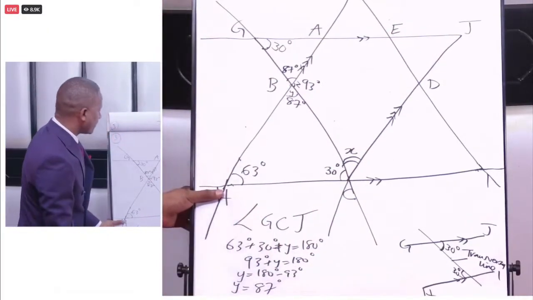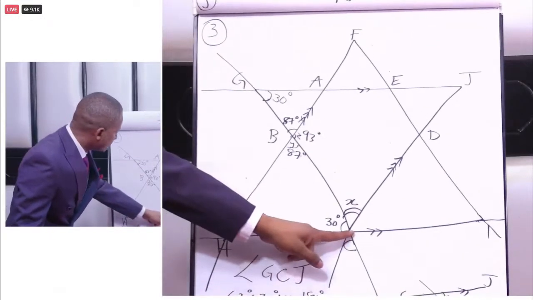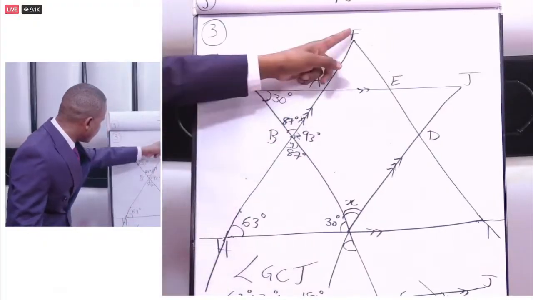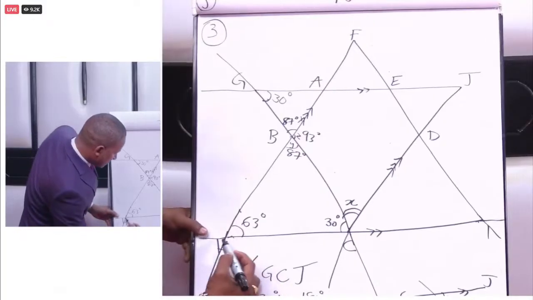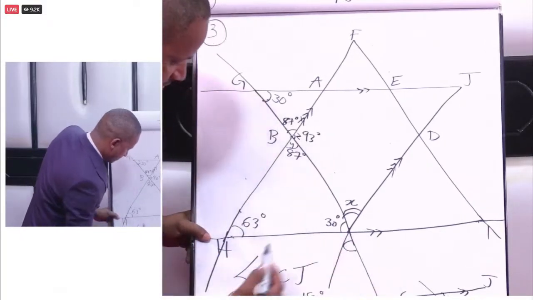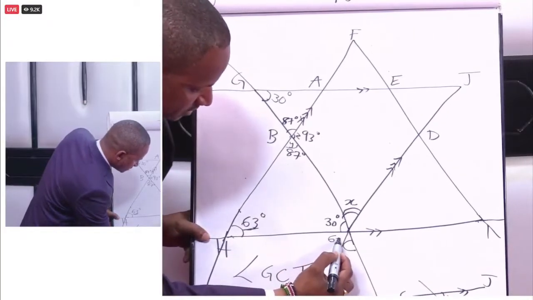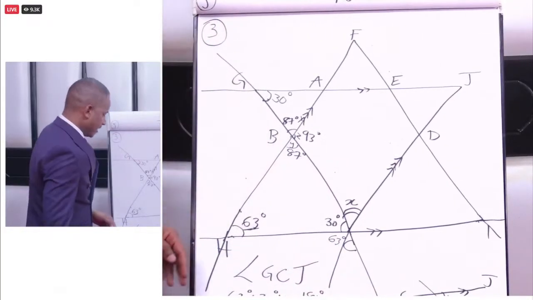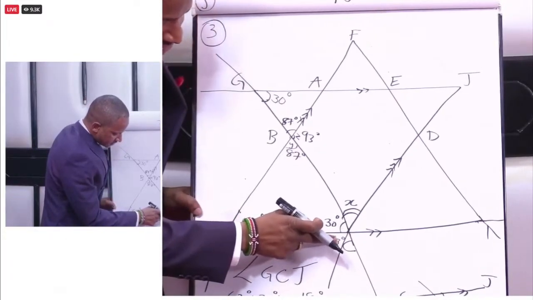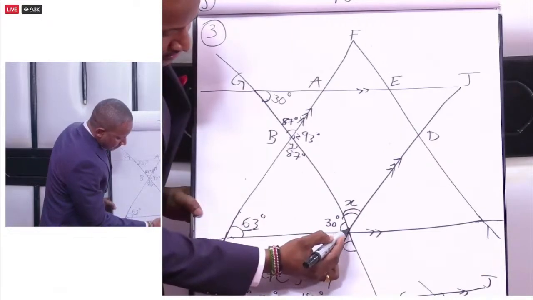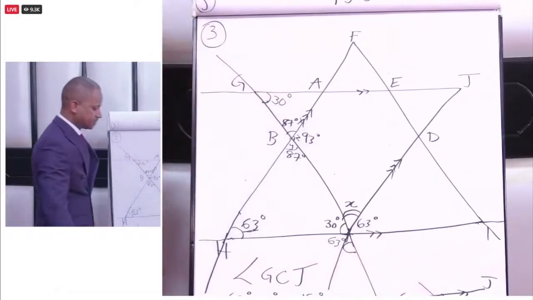Now, we also have FH parallel to CJ. If FH is parallel to JC, and this is a transversal line, then if this is 63 degrees, this angle here is also 63 degrees. Why? Because they are alternate angles. If this is 63 degrees, then by vertically opposite angles, this is also 63 degrees.